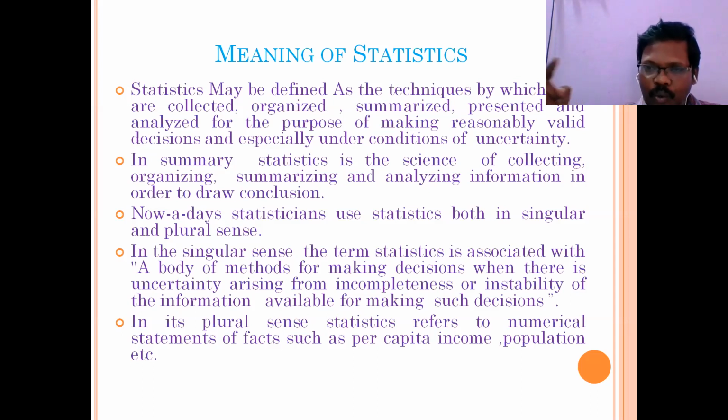After getting the individual data, we have to organize it in a systematic manner, whether in ascending or descending order. For example, if you want to calculate the median, the data should be in ascending or descending order.